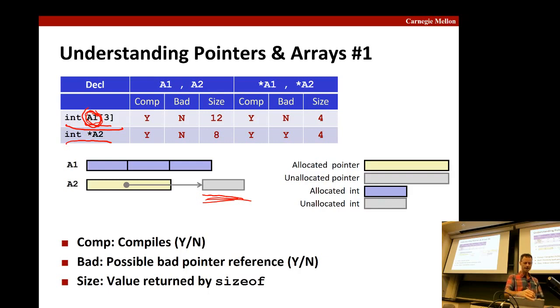Now it may decide that if this 3 was really big, it may do it on the heap. You can change where to put it based on how large it is, because it makes judgments about these things. Okay. Good.